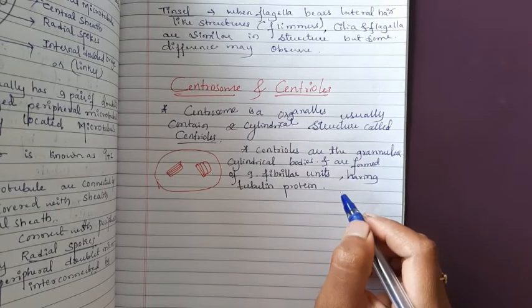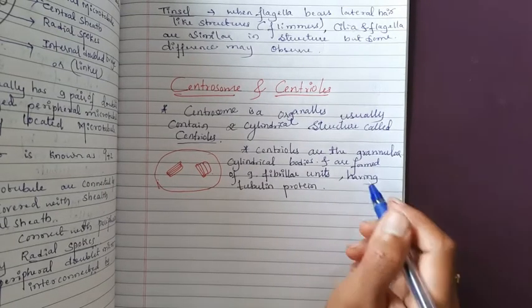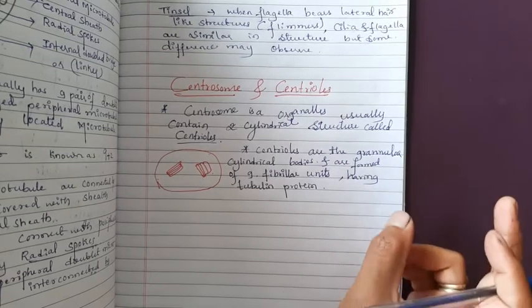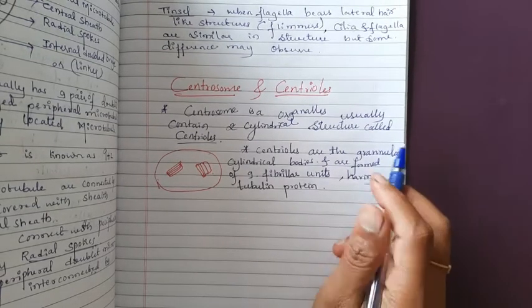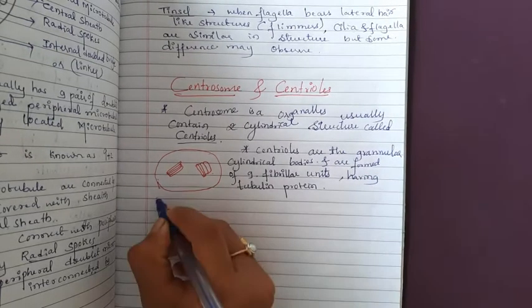Okay, each fibrillar unit is not a single unit, they contain triplets.